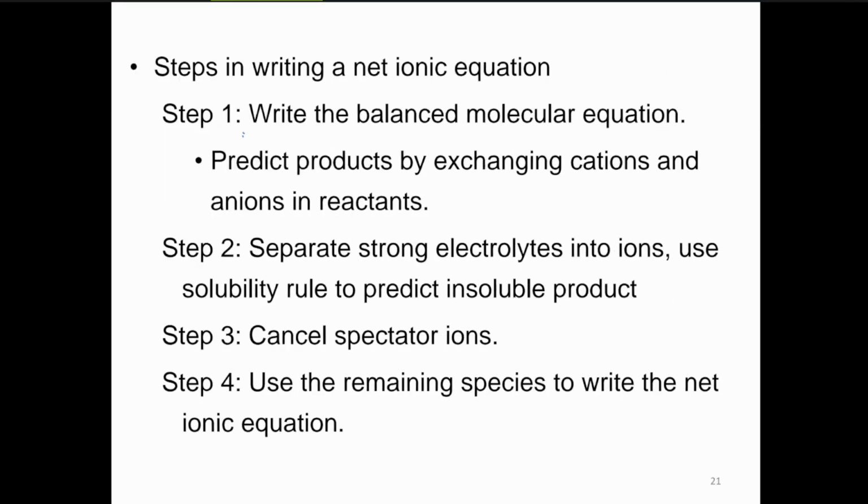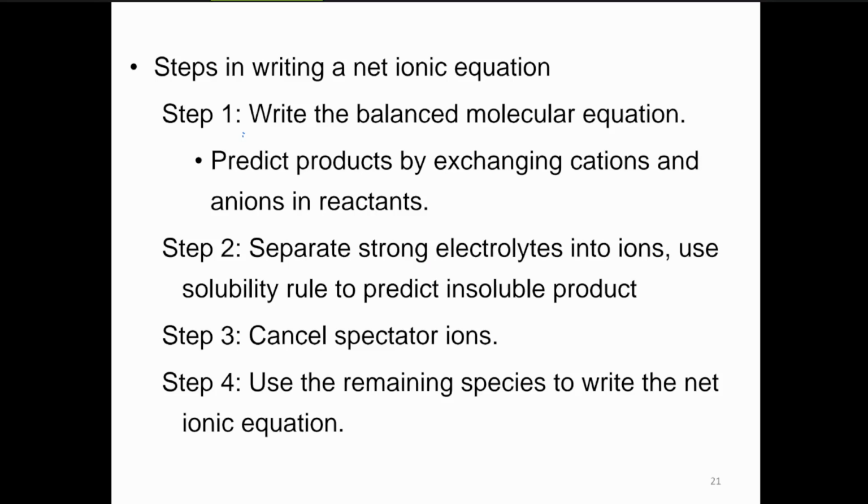So here are the steps to write a net ionic equation. First, you write the balanced molecular equation. You need to predict the product by exchanging cation and anion in the reactants. The second step, you separate strong electrolytes into ions. Use the solubility rules to predict the insoluble product.